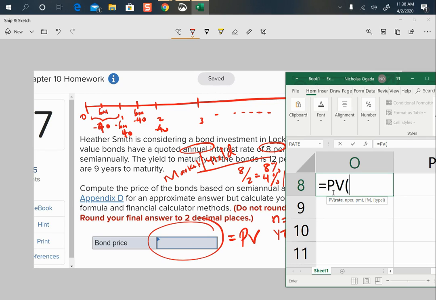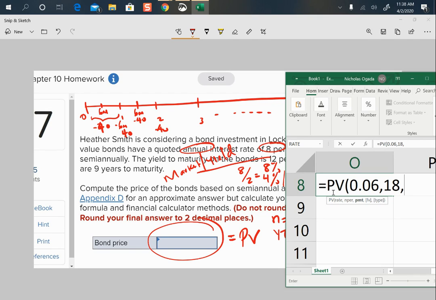So the market rate here is 6%, and our number of periods, again, we have 2 periods per year for 9 years. Our periods are 18.